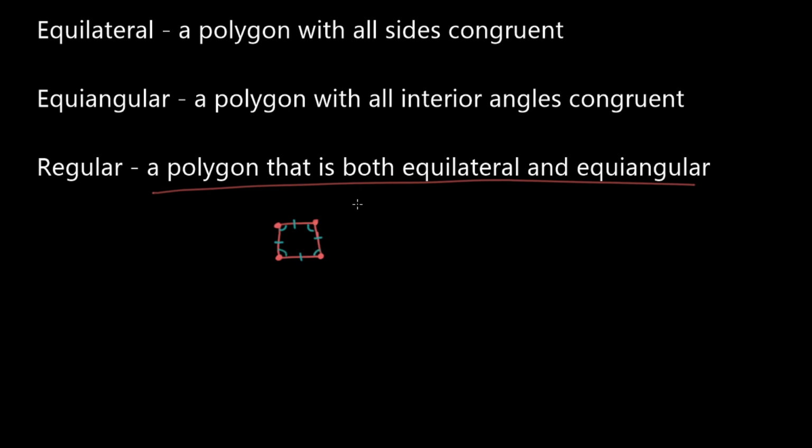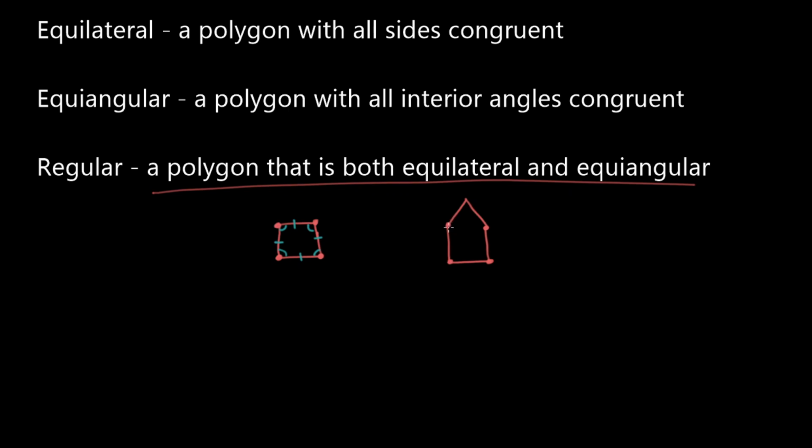However, of course, I could have some polygons that are equilateral but not equiangular. For example, let's try a sketch, maybe a pentagon. We could have a pentagon, for example, that is equilateral but not equiangular.